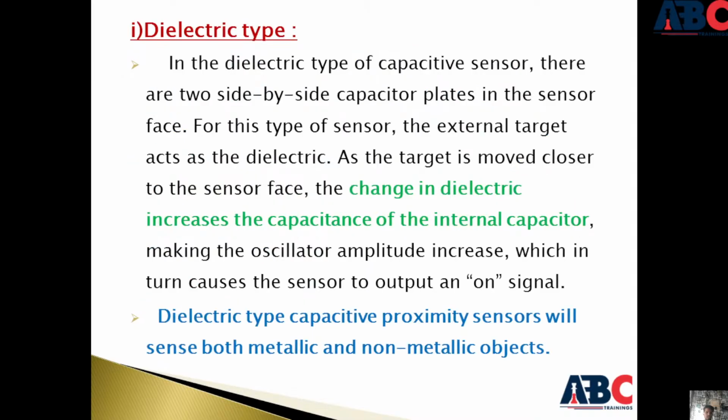In the dielectric type of capacitive sensor, there are two side-by-side capacitor plates in the sensor face. For this type of sensor, the external target acts as a dielectric.